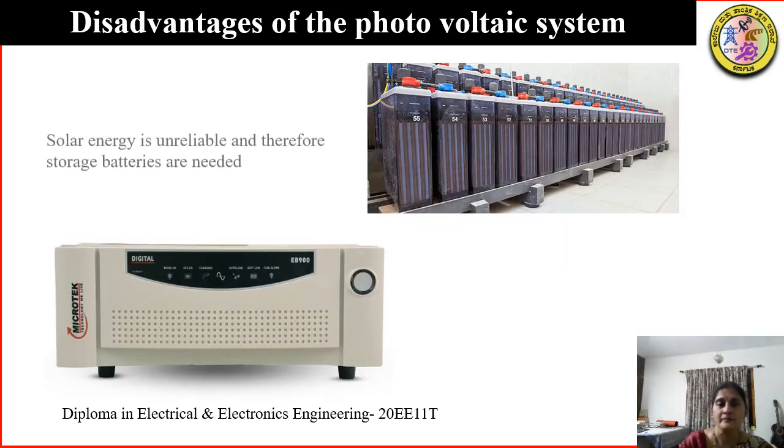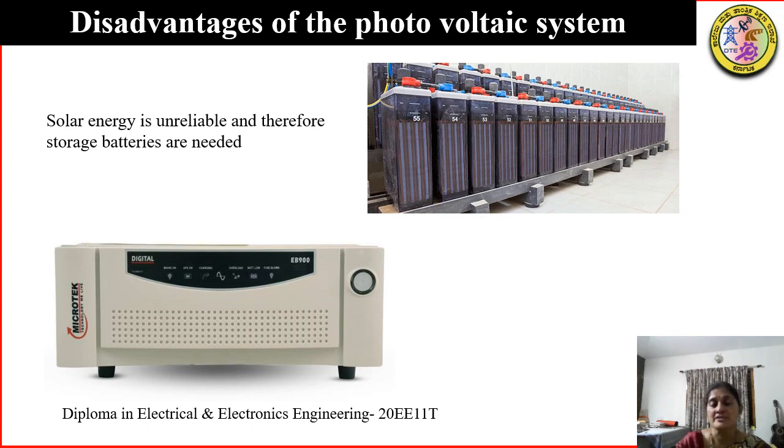Photovoltaic system requires storage batteries for its operation. Without the storage batteries, the entire system becomes unreliable. Solar energy is not available uniformly throughout the day. Moreover, it depends upon the geographical location.